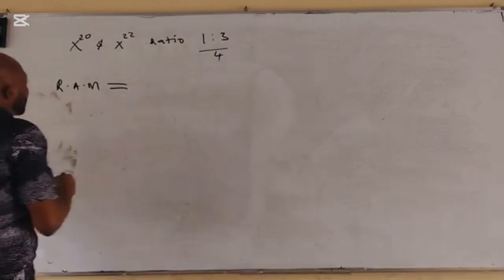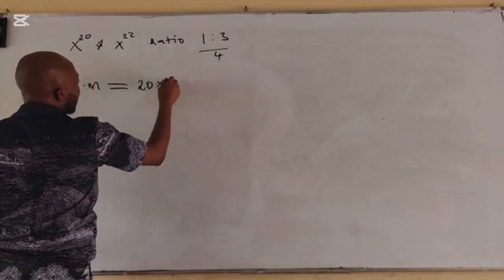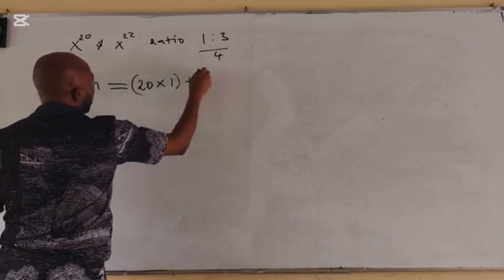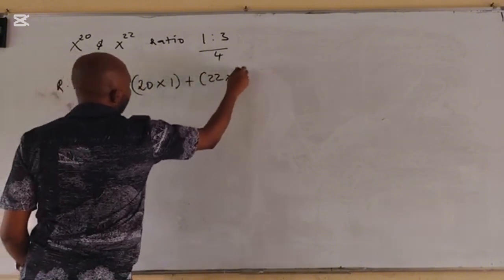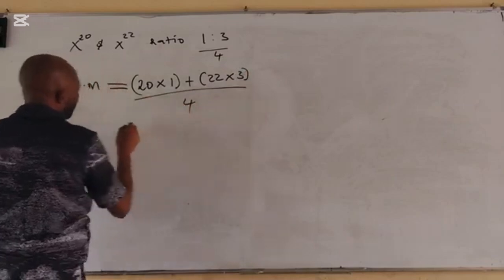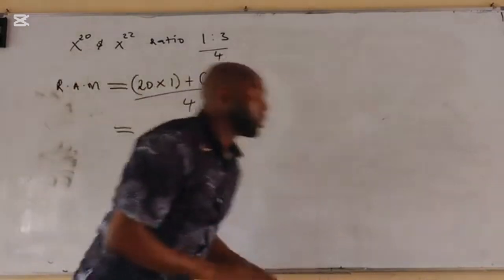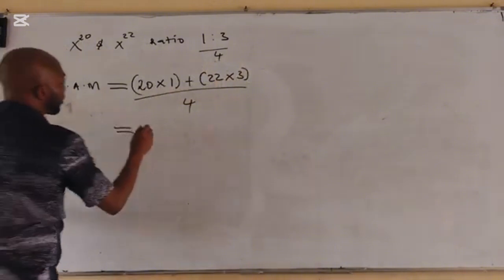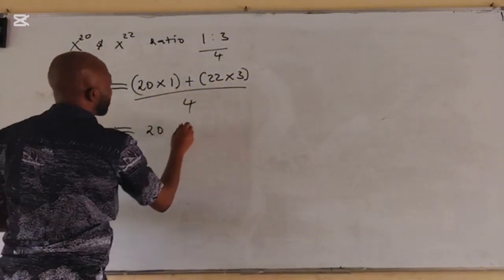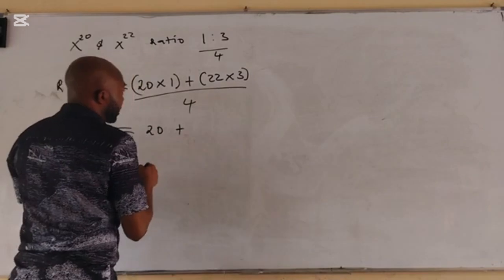So now I'll have 20 times 1 plus 22 times 3, all over 4. And this equals, so we have 20 times 1 will give us 20, plus 66 perhaps.